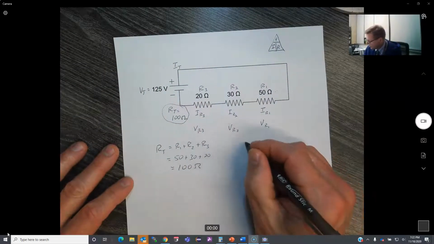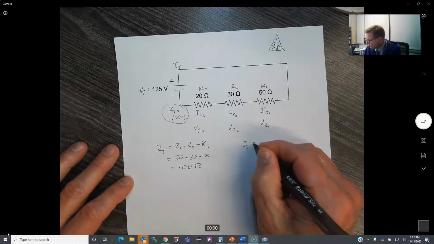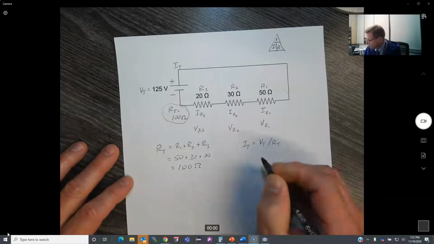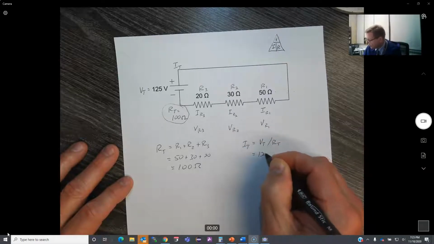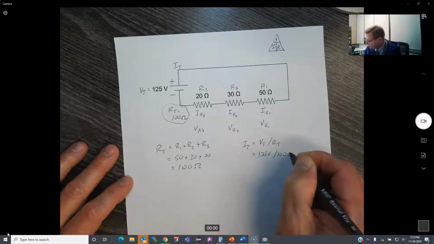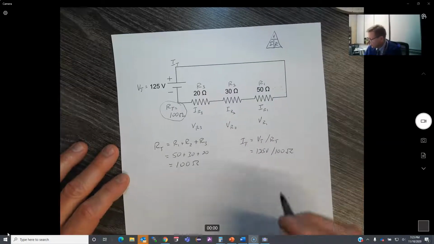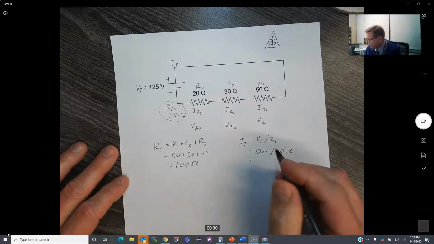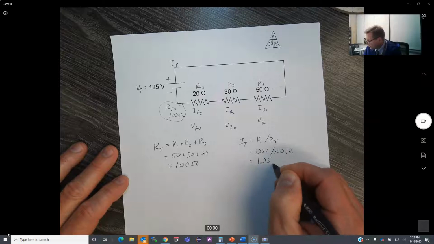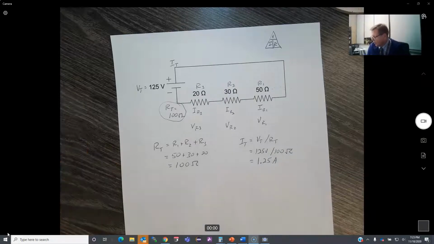So I'm going to say my current total is equal to my voltage total divided by my resistance total. So I'm going to have 125 volts divided by 100 ohms. That's going to yield an answer in amps. So 125 divided by 100 ends up being 1.25 amps. Right, so that's how many amps that I have.